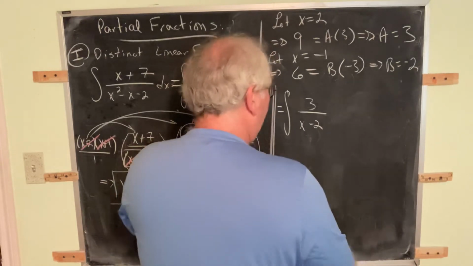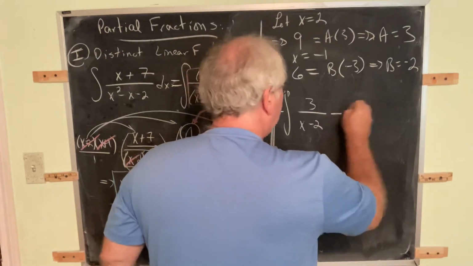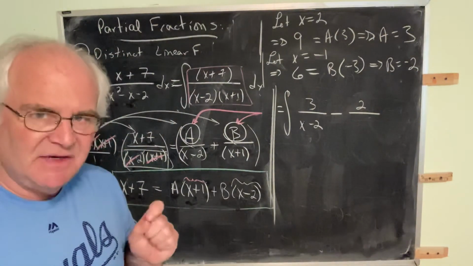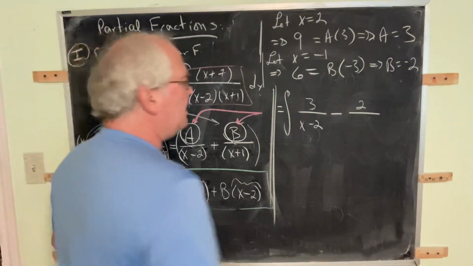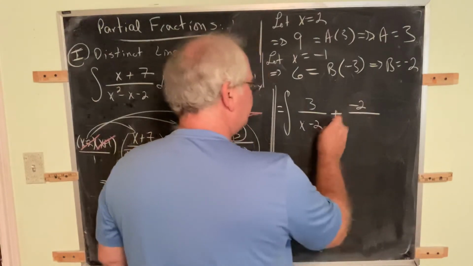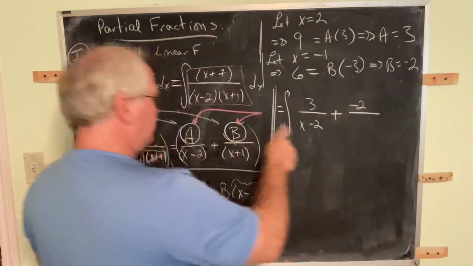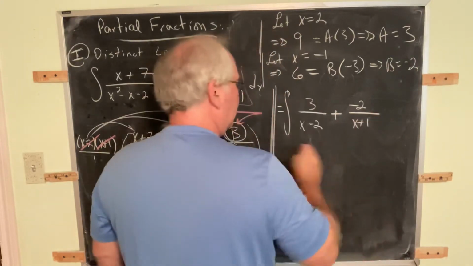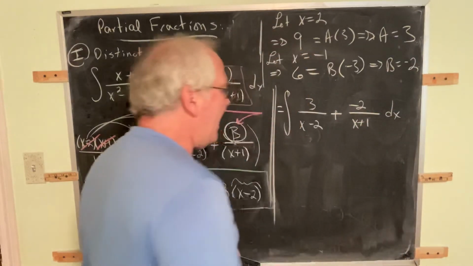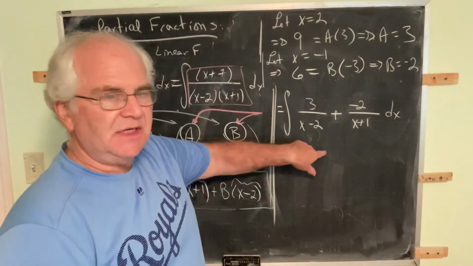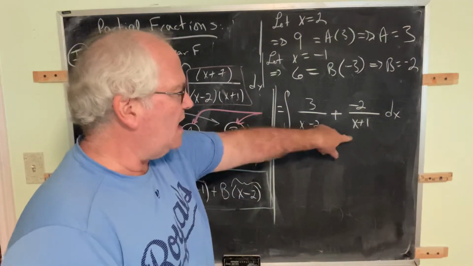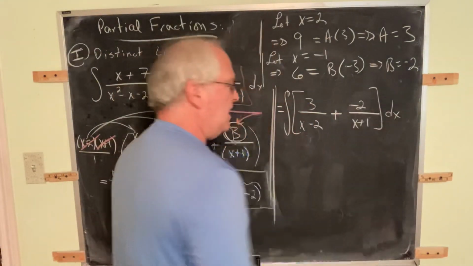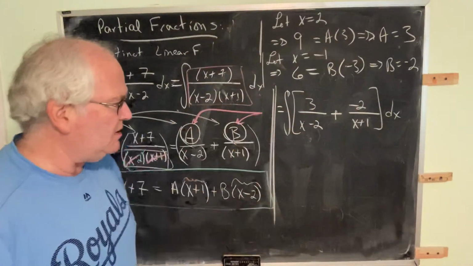You may write this as negative 2 over, and there's a place later on where there's a negative sign you might drop. My recommendation is just leave this as plus negative 2 over, what was it over? It was over x plus 1. And then, look, what I have here is not correct. If you have multiple terms, these need to be grouped together. If you have multiple terms, the integral must be grouped.